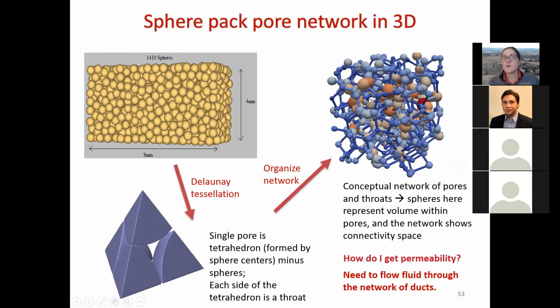Okay? So if I balance at every node, I will get a set of equations that I solve for pressures. And once I have that, I just look at, for instance, all of the throats that are coming out to the outside, and look at their flux, and that gives me a total flux per this side, and then I need the area of it to figure out what the permeability is.